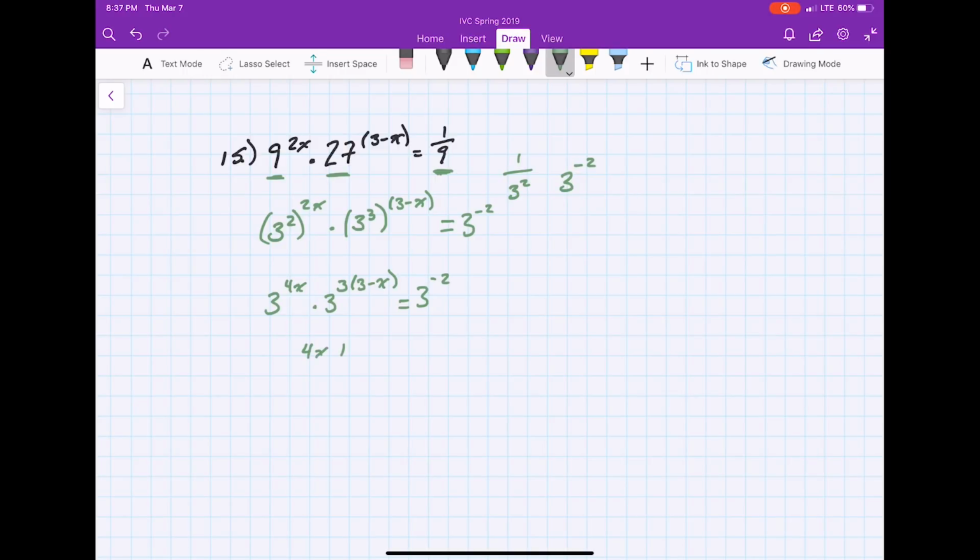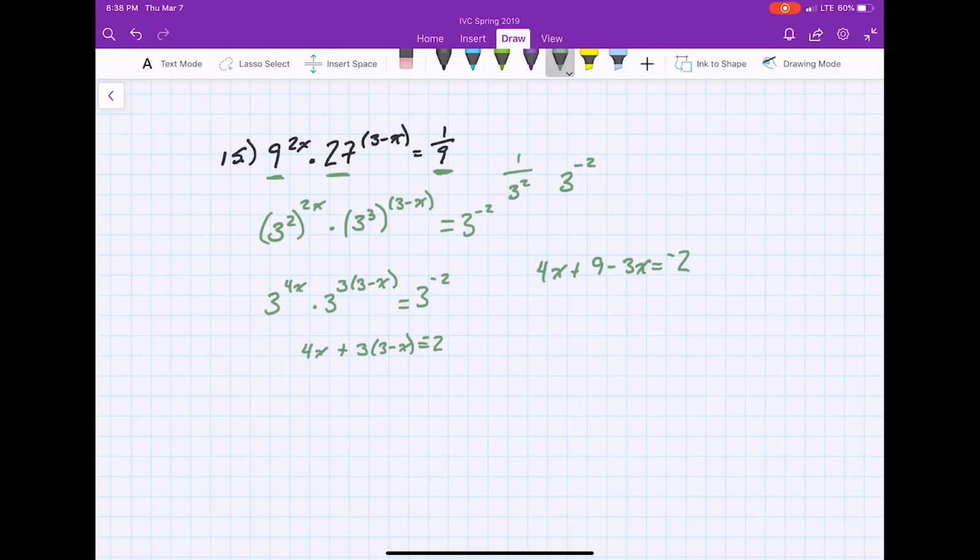Now all my bases are the same, so I'm just going to set the exponents. On this side, I need to add them together, and then they will equal 2. Oops, they're going to equal negative 2. But let's distribute this 3 here, so that's going to make this 9 minus 3x equals negative 2.